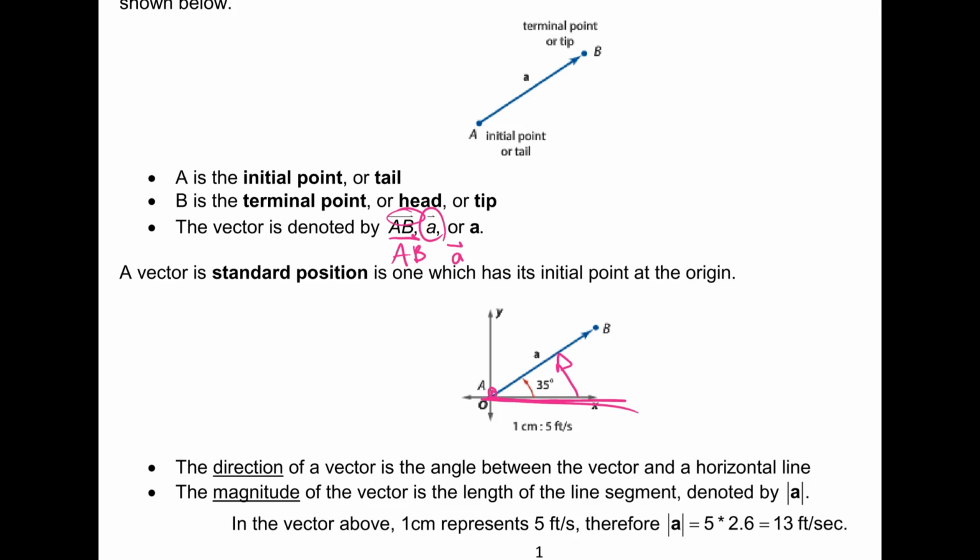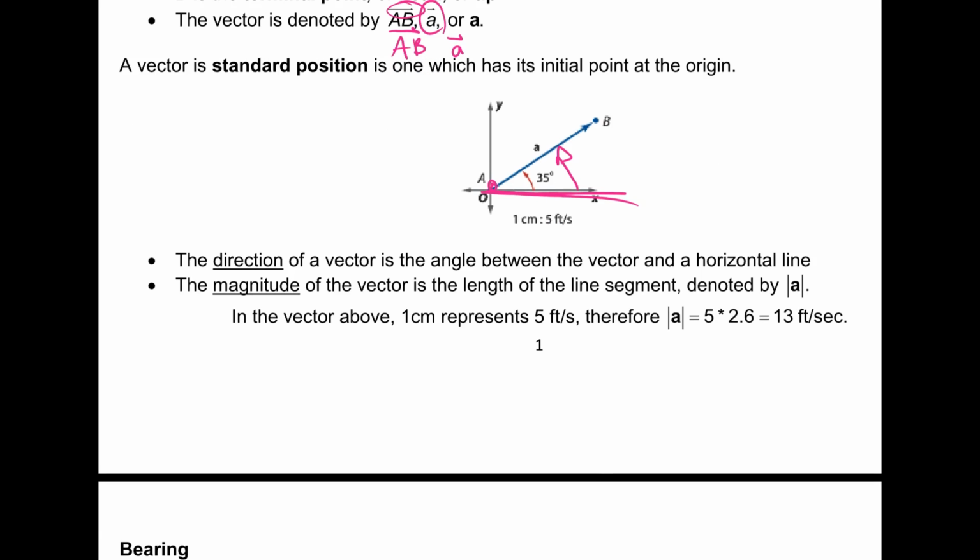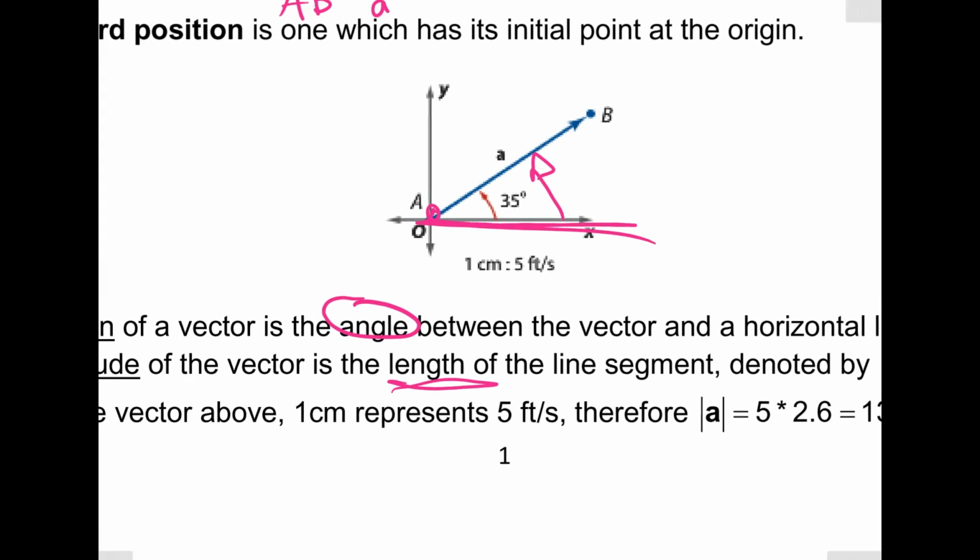That's it. All right. Vector in standard position. The direction of the vector is the angle, and the magnitude is the length of the line segment. So here, I have 35 degrees. That's going to be my direction.